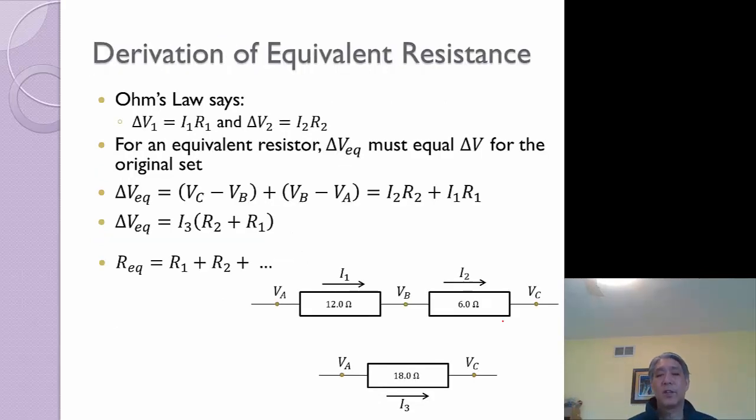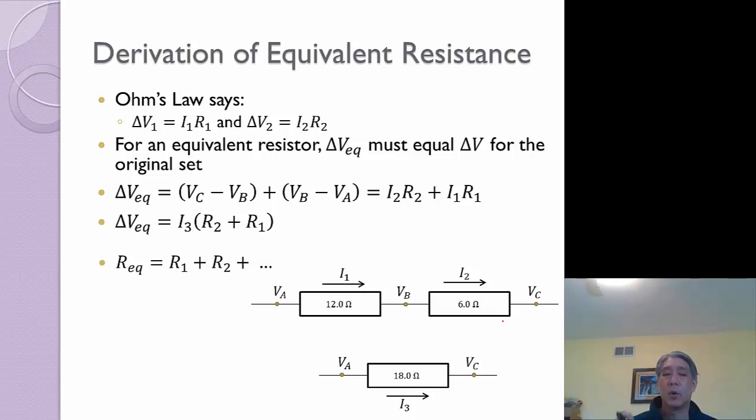Okay, so the derivation of the equivalent resistance law. Ohm's law says that the voltage difference for a resistor is equal to the current through that resistor times the value of that resistor. I basically end up with an Ohm's law equation for both of them: delta V1 equals I1 R1, delta V2 equals I2 R2. If I replace those two with an equivalent resistor, the voltage drop is going to be from end to end, or basically the sum of my individual voltage drops.